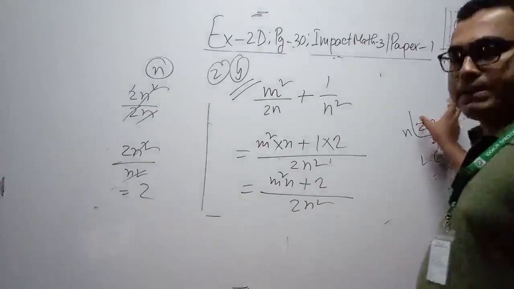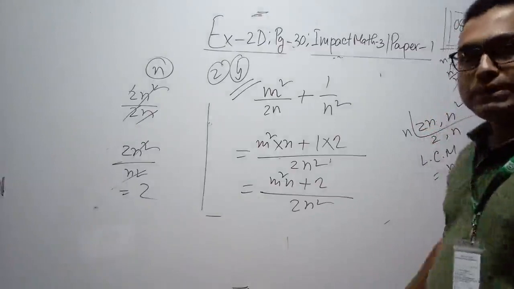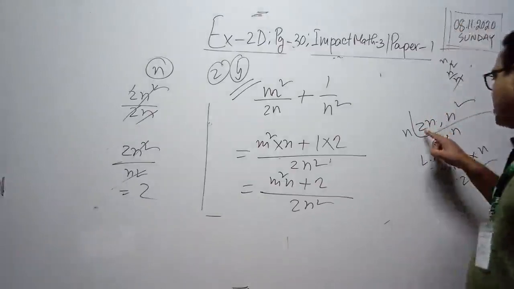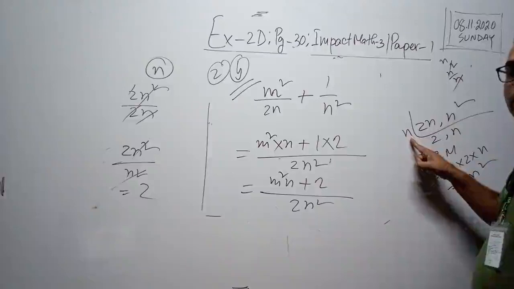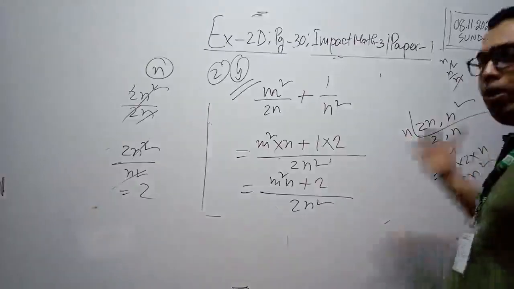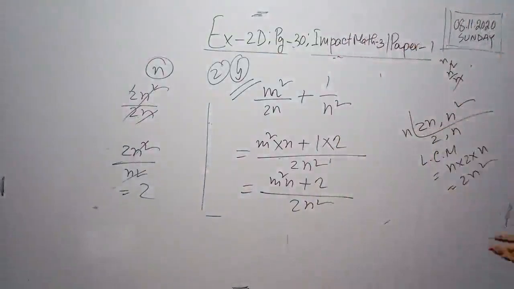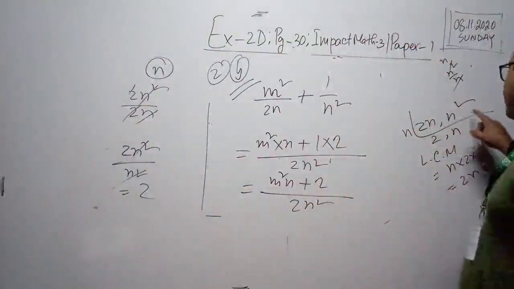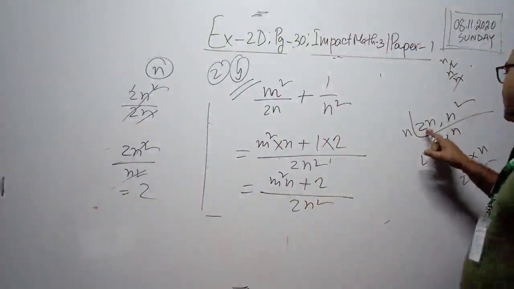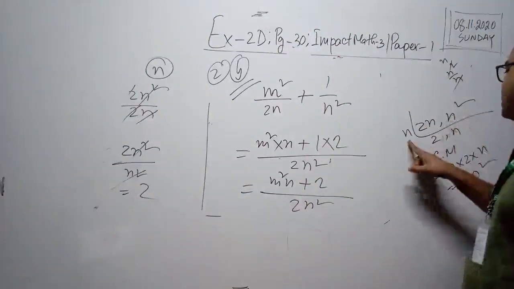For 2 numbers, first of all, try to find the common terms. Which one is common in 2n and n square? Here n is common. But if you have more numbers, then we will have another method.